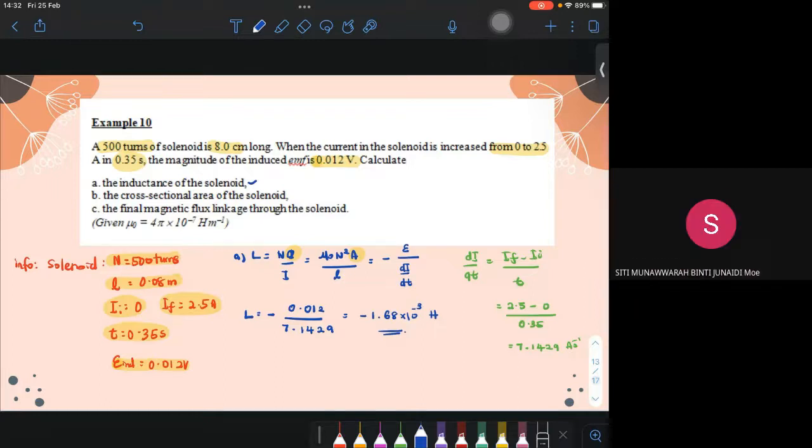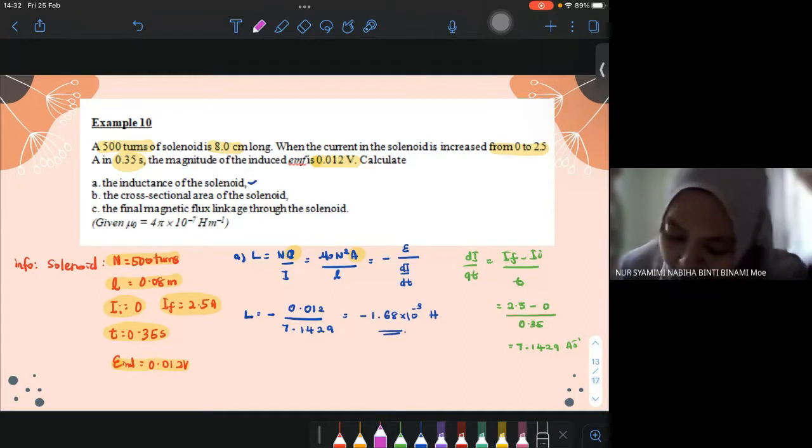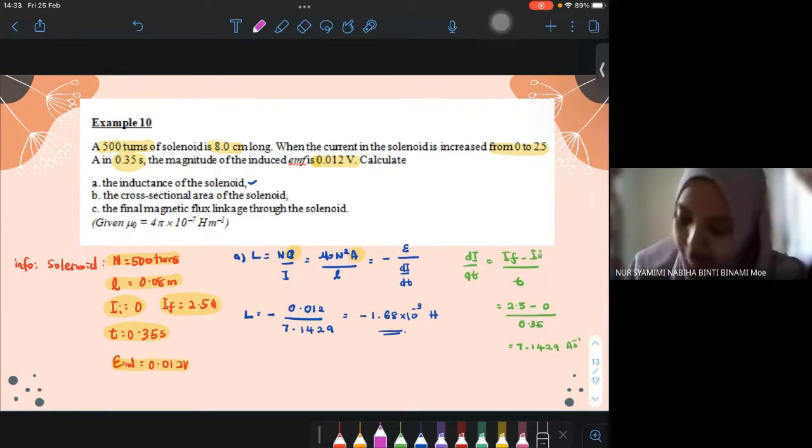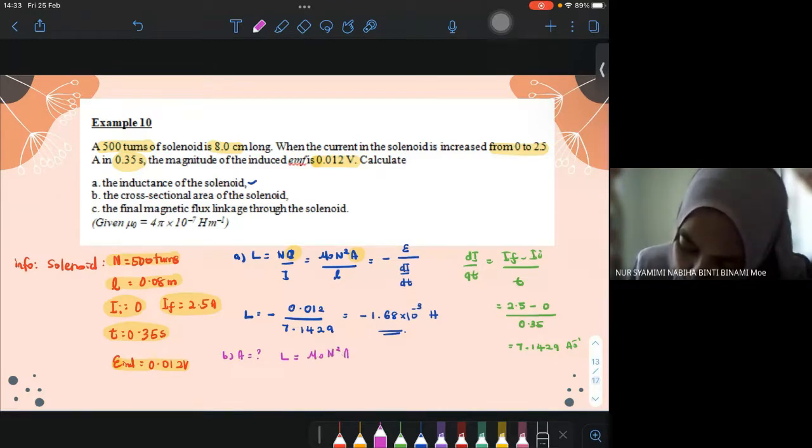And we go to D, the cross-sectional area of the solenoid. So dia minta cross-sectional area. So how we want to calculate cross-sectional area? Soalan minta A sama dengan berapa? So which formula should we use? L equals to mu naught n square A over L.